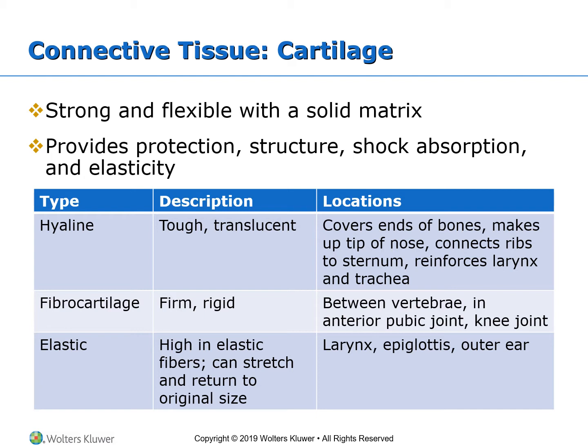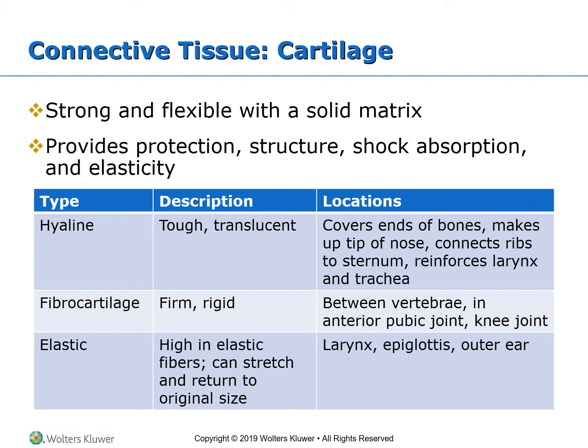We have another type called the fibrocartilage, which is firm and rigid, and we can find it between the vertebrae and in all those joints that do not allow for a lot of mobility between the bones, and they need to provide a certain rigid structure.